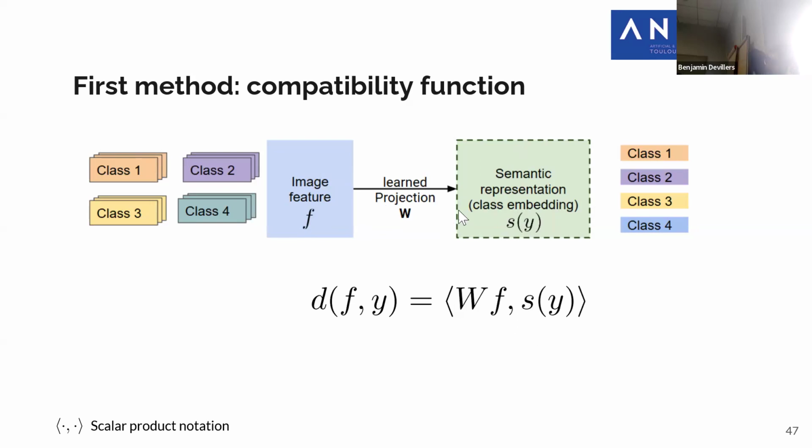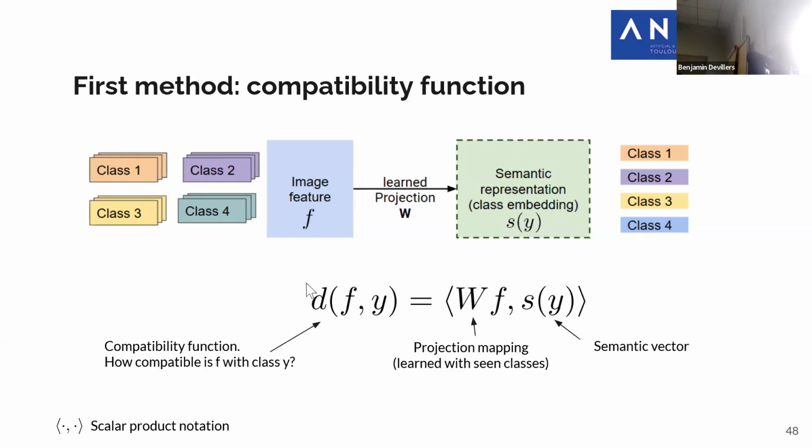And we can compare that projection with the actual semantic vector, S of y. And this gives us our distance. And again, we call this compatibility function because it tells us how compatible our prediction is with the semantic vector.